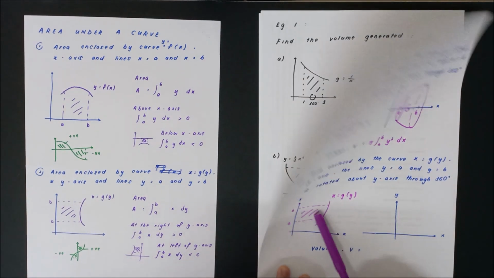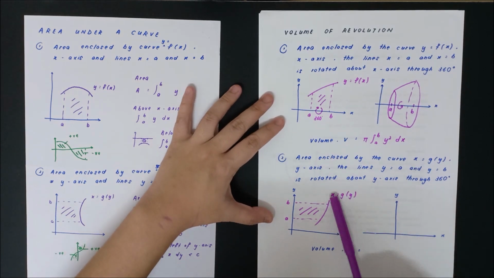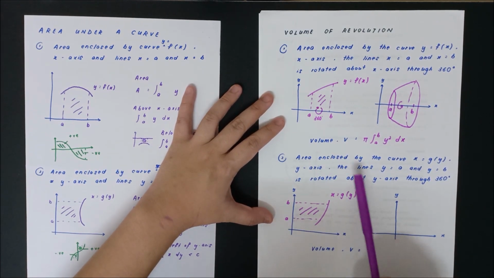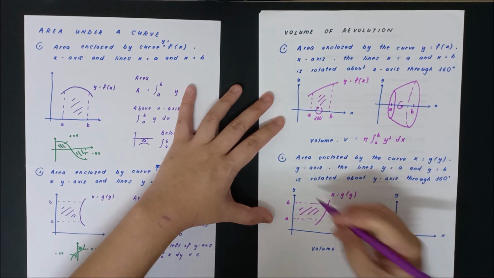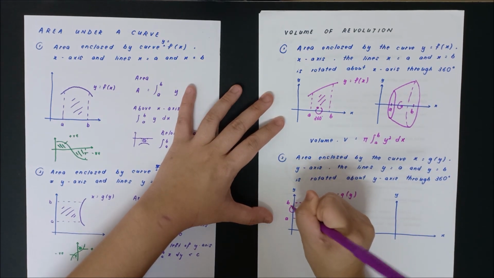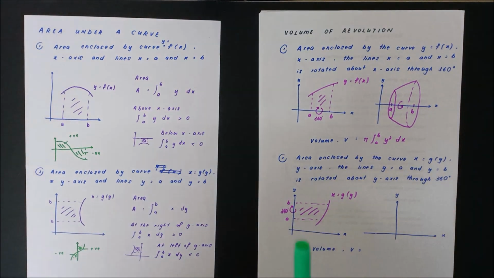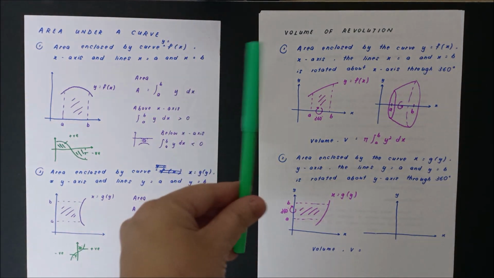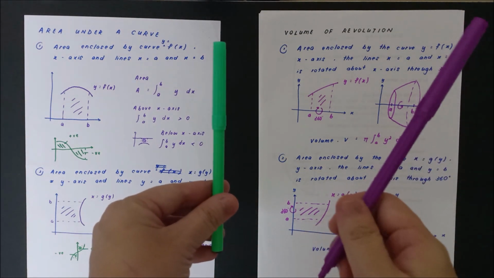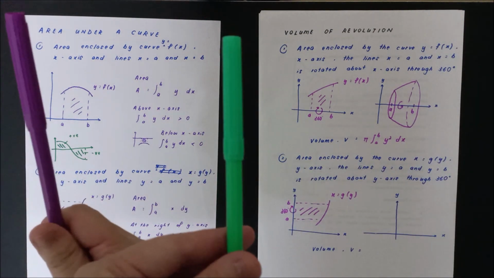Now this area enclosed by the curve, the y-axis and the lines y equals a, y equals b is rotated about the y-axis, so it's rotated here 360. Meaning if this is my y-axis, this curve is rotated like this.